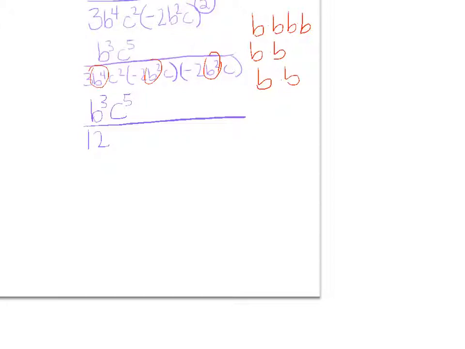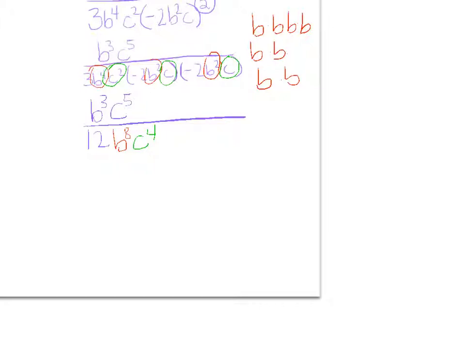So if I count them all up, I have 1, 2, 3, 4, 5, 6, 7, 8. That's going to be b to the 8th power. Looking at the c, if I expand c squared, I'd have c times c. I've got another c, that makes 3 of them total. If I count this one, that makes 4 of them total. So I have c to the 4th power.